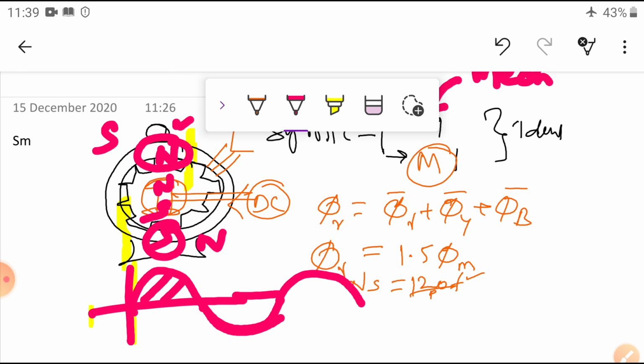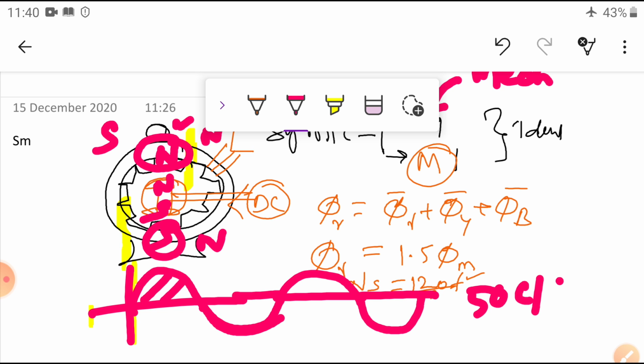After the positive cycle, once again it becomes north pole and south pole. It keeps changing alternately. We know that 50 Hz means 50 cycles per second, so in 1 second it changes 50 times.